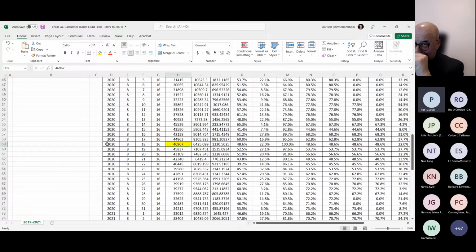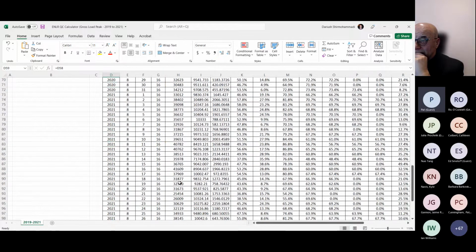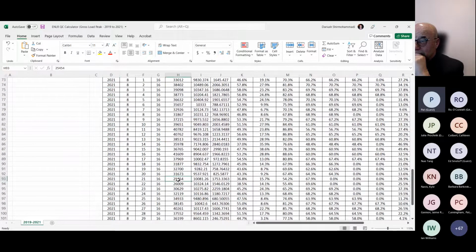This happened on the 18th day of August, hour ending 16, in year 2020. And it was as low as, I think, 25,000 megawatt, again hour ending 16, month of August. This is that particular slice, and this is for day number 21.